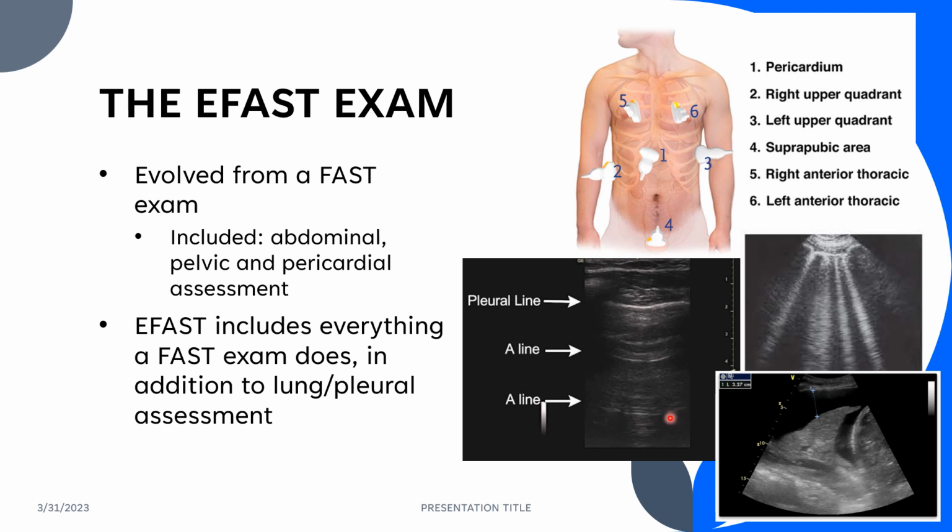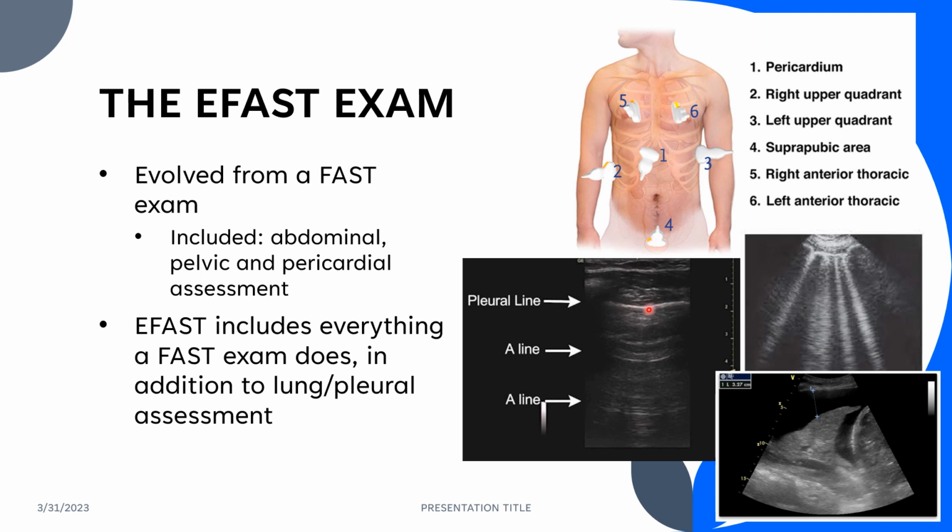Now, if a lung is fully inflated and full of air, we would expect to see these A-line artifacts. The other thing we expect to see is at the pleural region, right up in here, and we have some more images of this coming, we would expect to see that pleura sliding against the patient's thorax.